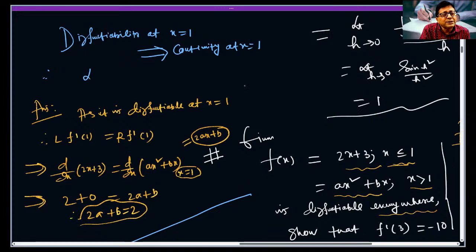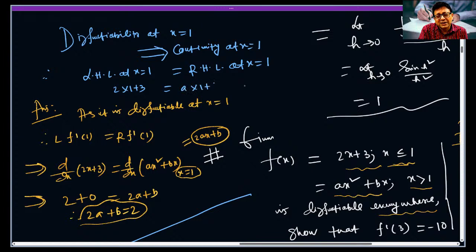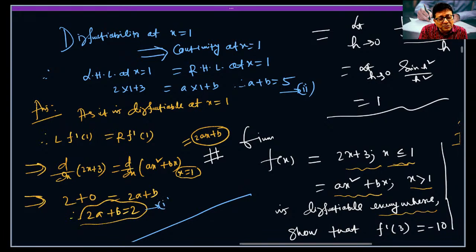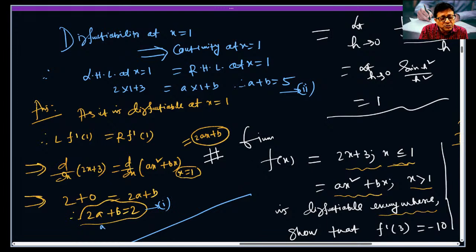So left hand limit at x equal to 1 should be equal to right hand limit at x equal to 1. Left hand limit at x equal to 1 is what? Right hand limit is what? So a plus b equal to 5. This is number 2. Same equation you got. Just solve these two directly.